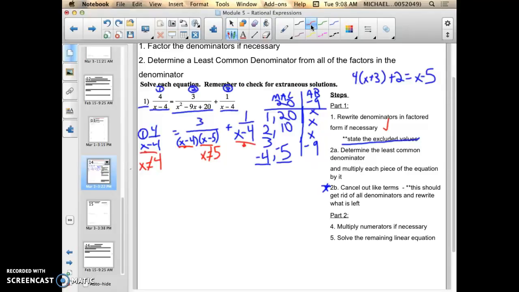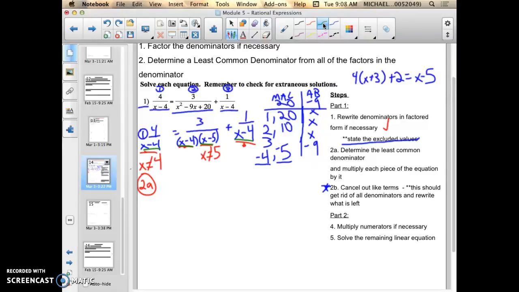Moving on to step 2a. 2a is the new learning, but it's pretty simple. You just determine what's called the least common denominator out of all the pieces in the denominator. So again, I've already counted that there are 1, 2, 3, 4 pieces. And from there, I have to consider what is in common and what's not in common. I have to include everything that shows up.